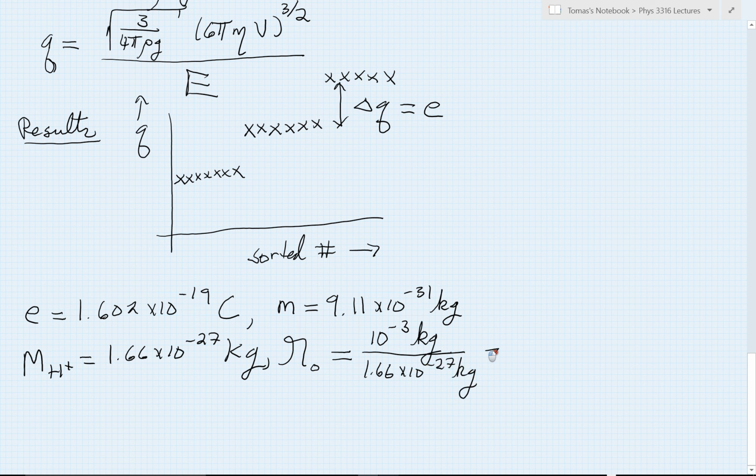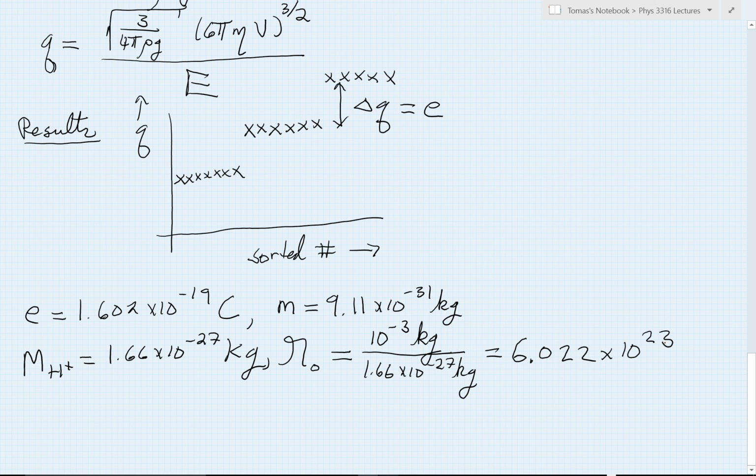And when you do this division, you can see I'm basically getting 1 over what looks like the decimal expansion for 1/6. So I actually get a numerical value that's like 6, but it's 6.022. And if you track all of your factors of 10 very carefully, it's times 10 to the 23rd, and we get Avogadro's number out of this.